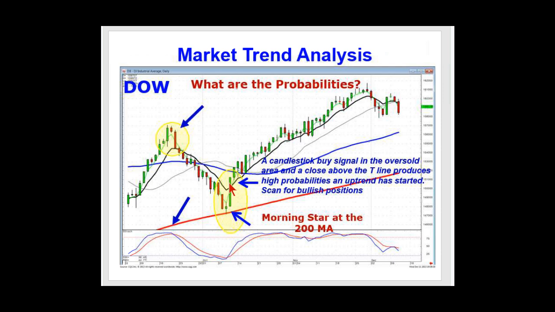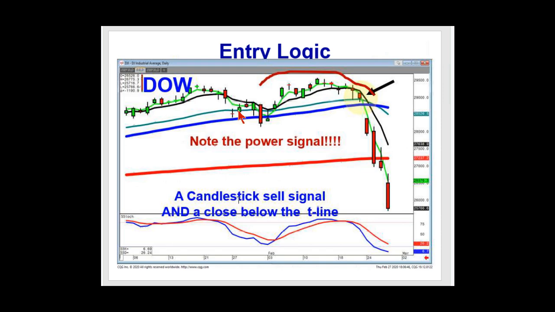Number two, if it closes above the T-line, it shows us there's been a drastic change of investor sentiment. If we're in a slow dumpling top, we know what to do as soon as things get dicey and close back below the T-line.